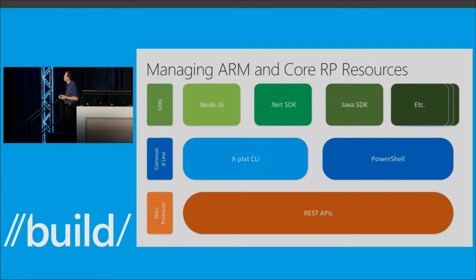And then we have the various SDKs. We've got Node.js, .NET SDK, Java SDK, and others. Azure has a commitment to other communities such as Python, Ruby, and others I can't remember, and that's continuing. We're implementing support for these new RPs in all of these. So whichever way you want to manage, we've got you covered.